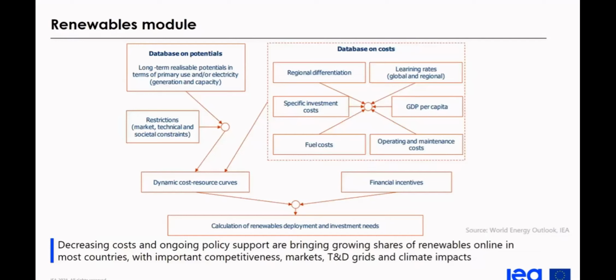What we observe is that decreasing cost and policy support are really bringing down the cost of renewables and are bringing higher and higher the shares of renewables in most countries with important competitiveness.